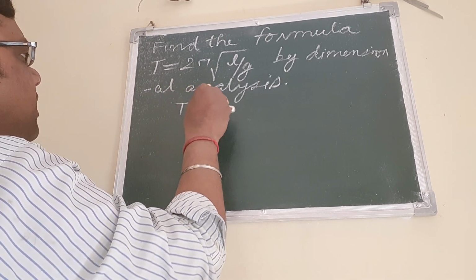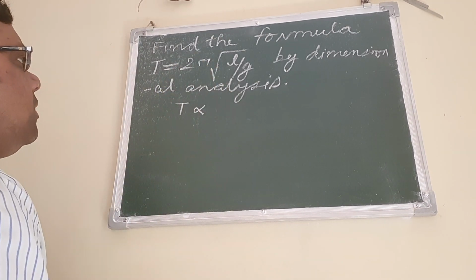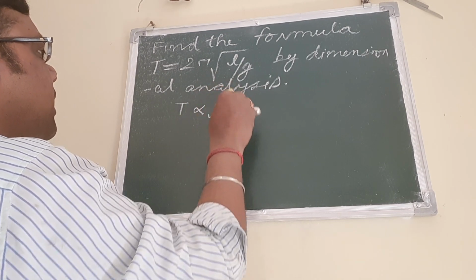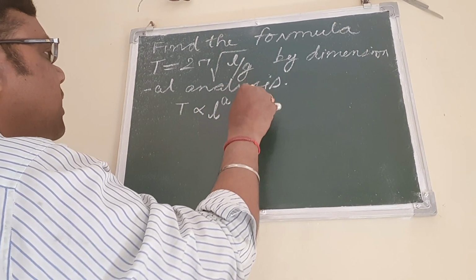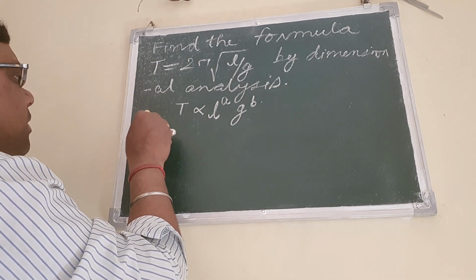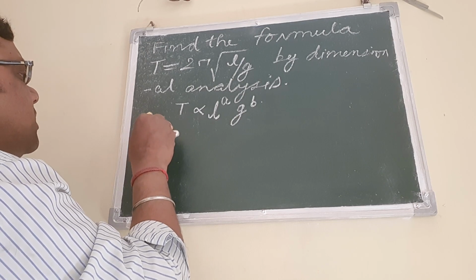So this is the time period, which is directly proportional to L raised to power A, G raised to power B. So now we are writing it in terms of dimensions.